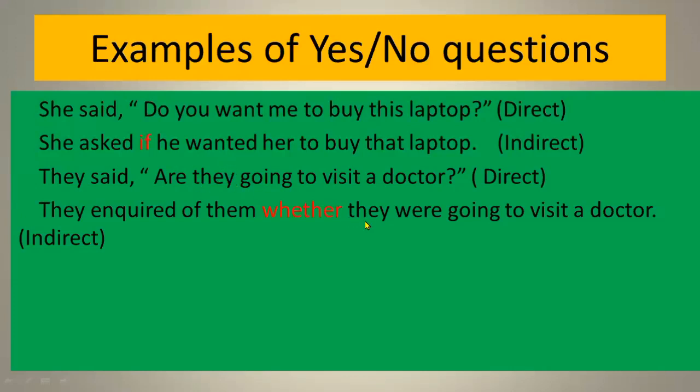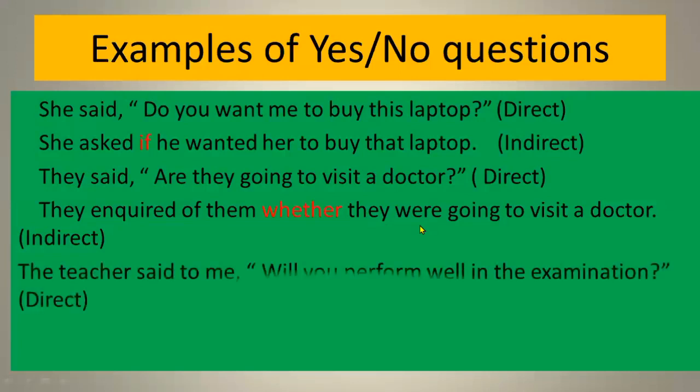You can see here in this indirect narration that this helping verb has been placed after the subject they. Now look at the whole question in indirect speech. They inquired of them whether they were going to visit a doctor. The third example, the teacher said to me, "Will you perform well in the examination?"